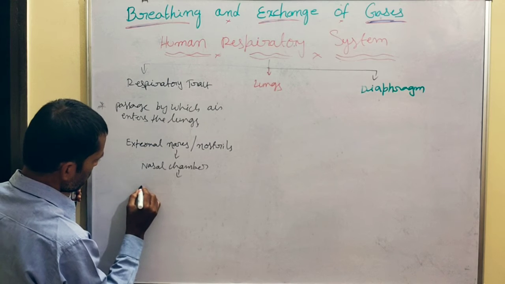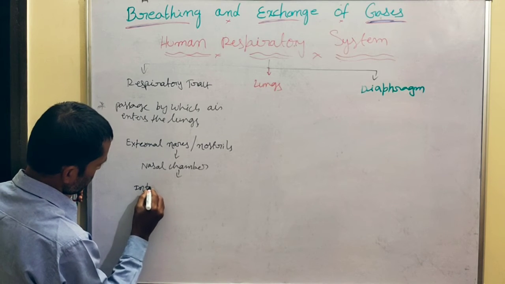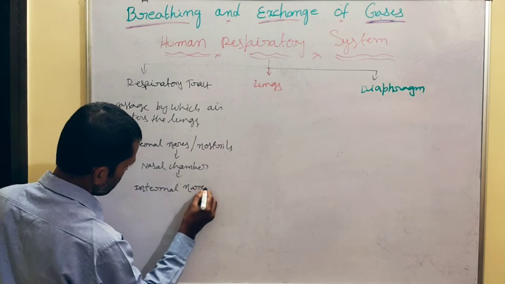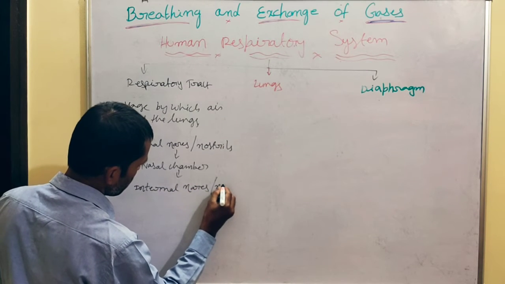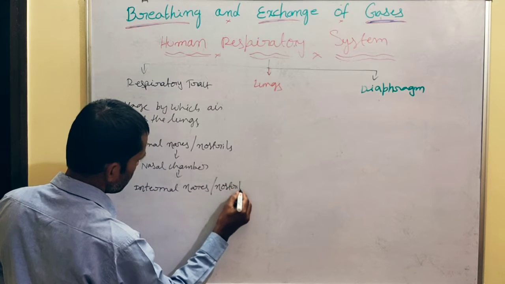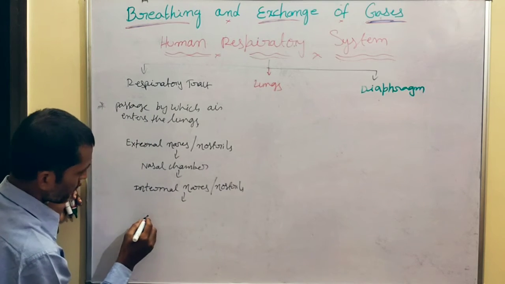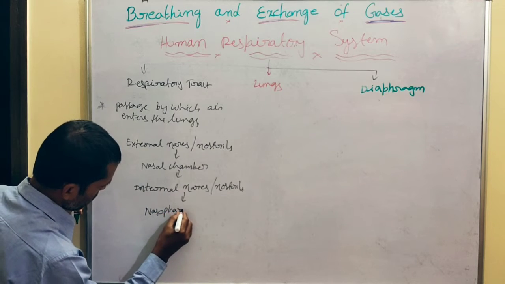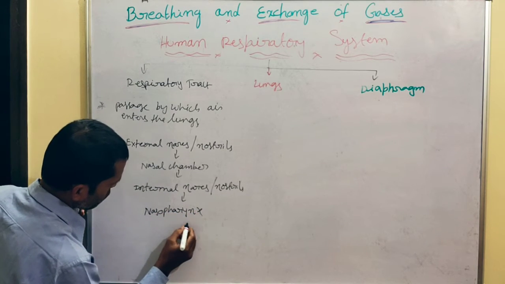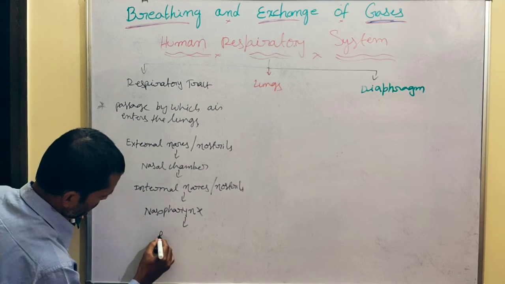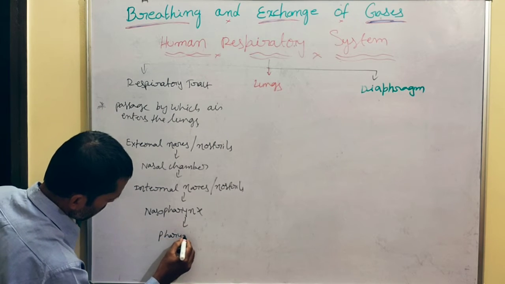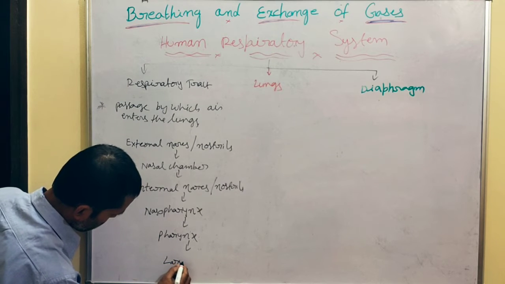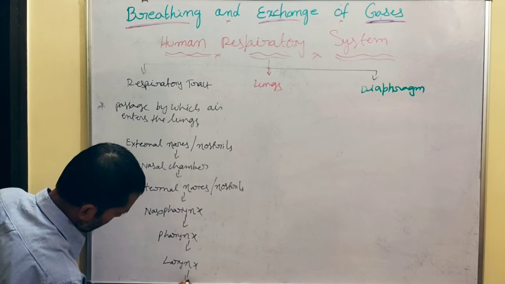Third one is the internal nares or nostrils. Then the nasopharynx. Next part, pharynx. Next part, larynx.